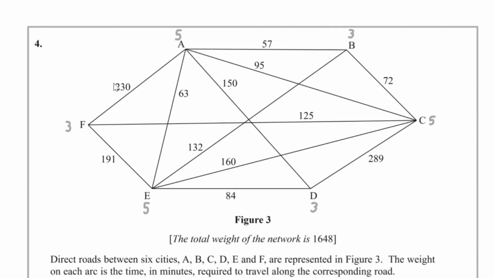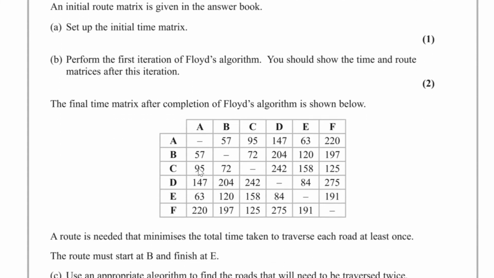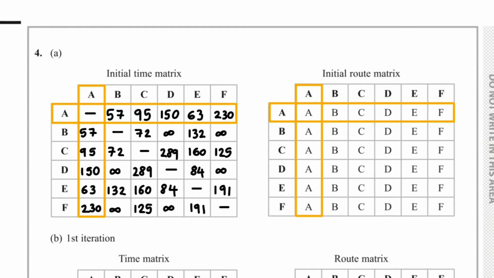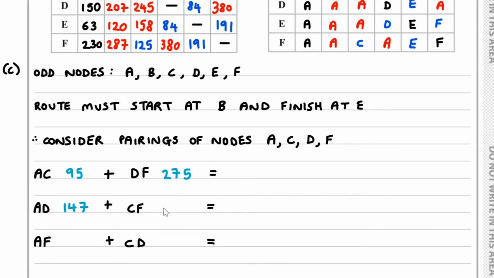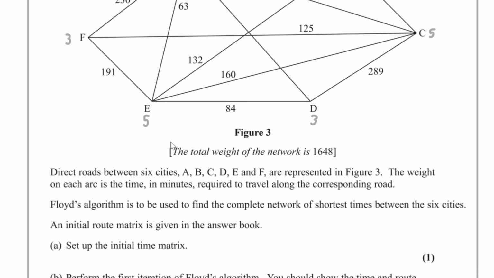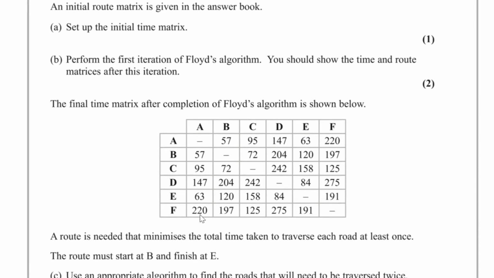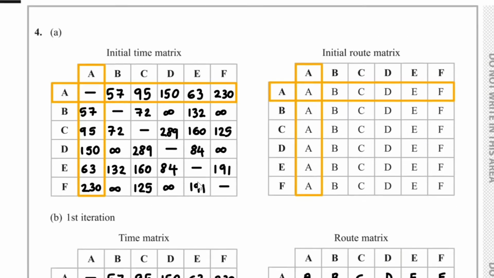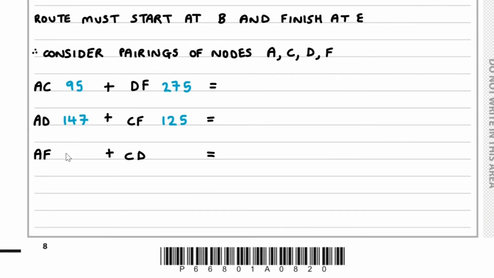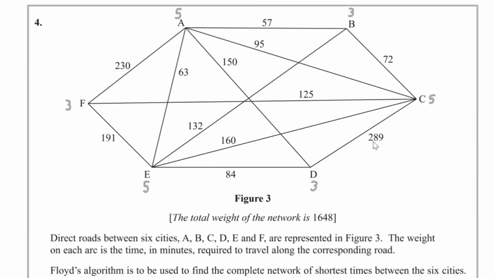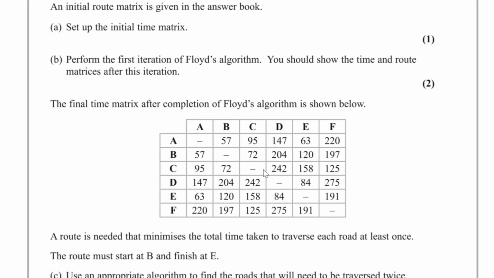And then CF, that's 125. And then AF, that's 220. And then CD, that's 242.